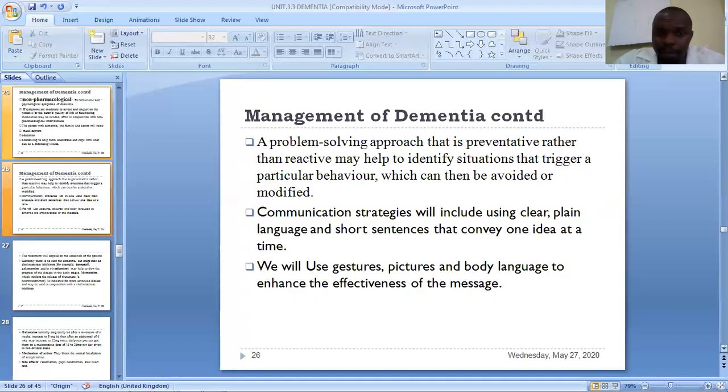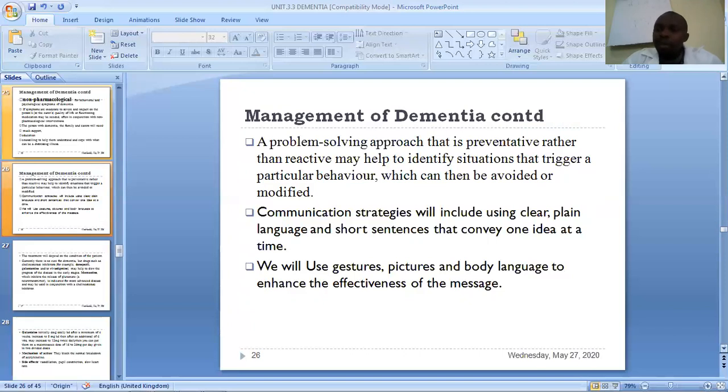Treatment we're talking about. So communication strategies will include using clear, plain language and short sentences that convey one idea at a time. You must tell the caregivers that they should be able to communicate in plain language, not in a suspicious way.